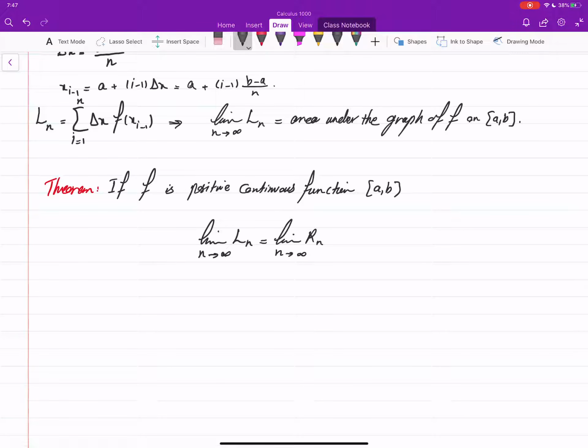R_n and L_n themselves will be different. Those are going to be different expressions in n, but their limits will be equal.